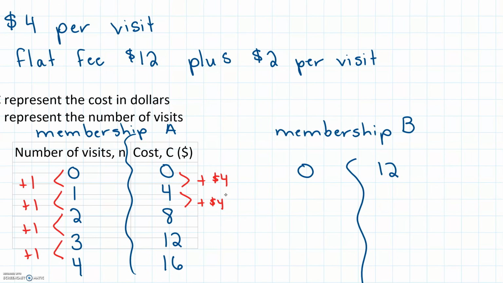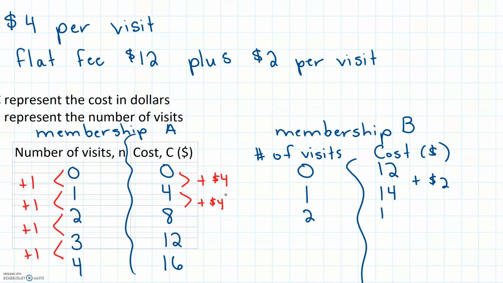Okay, for membership B, we have the number of visits. We now know that for 0 visits, the cost is going to be $12. If we have 1 visit, it's not going to be 12 plus 12, because it's a flat fee, an initial value of $12 plus $2 per visit. So it's going to be $14.